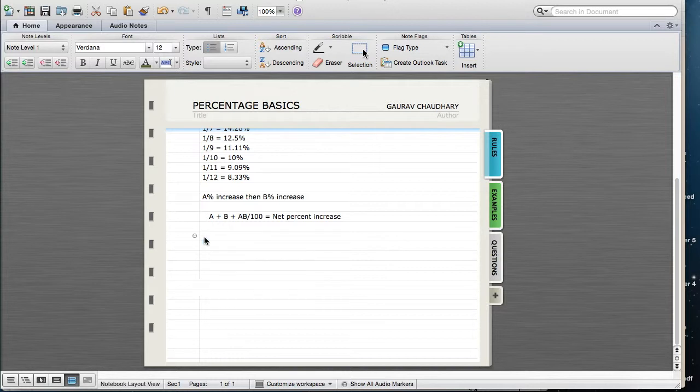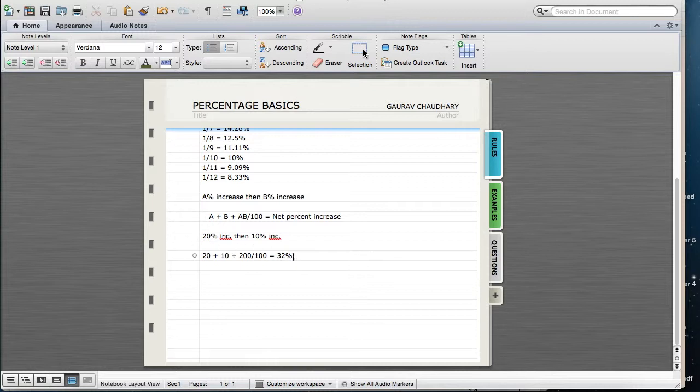Suppose our question is the value is first increased by 20% and then increased by 10%. So find the net percent increase. 20 plus 10 plus 20 into 10 is 200 upon 100. The answer is 32%. So the net percent increase is 32%.